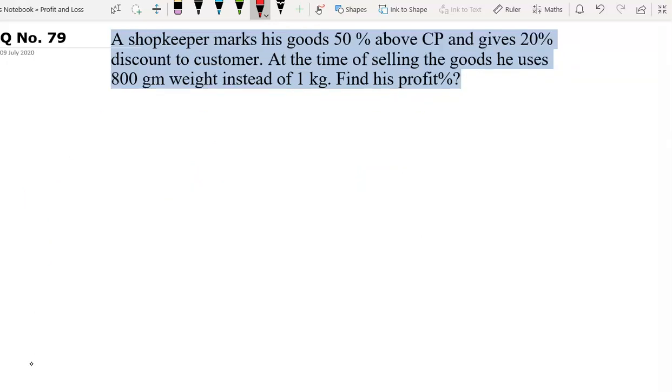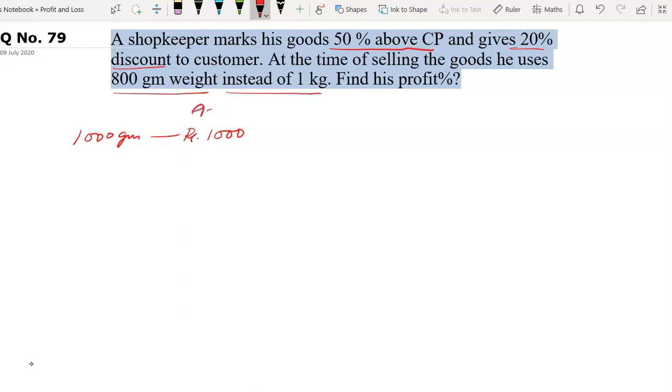Question number 79. A shopkeeper marks his goods 50% above CP and gives 20% discount to customer. At the time of selling the goods, he uses 800 gram weight instead of 1 kg. Find his profit percent. Let's say 1000 gram of goods are sold and the price is rupees 1000. So 1 gram cost is rupees 1.